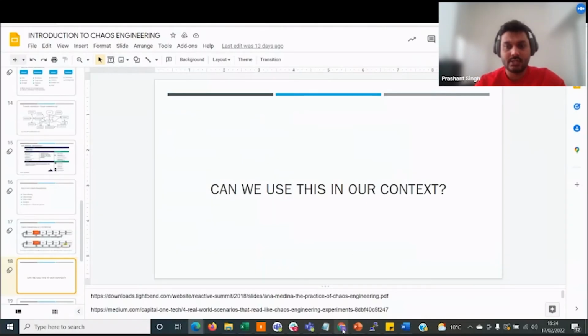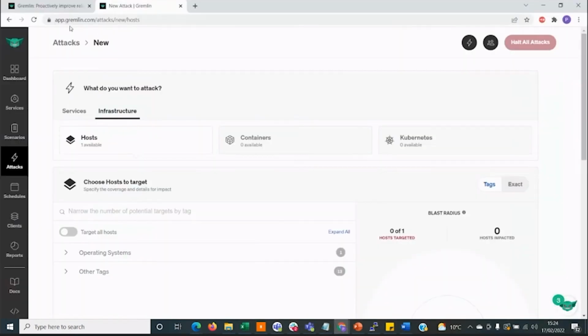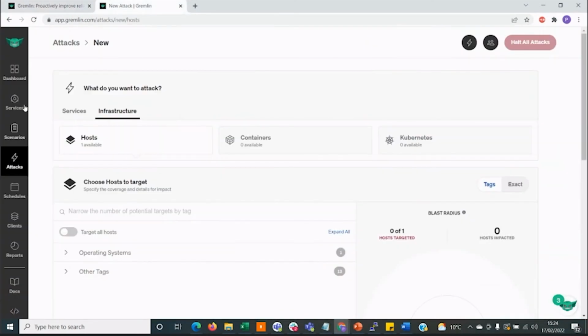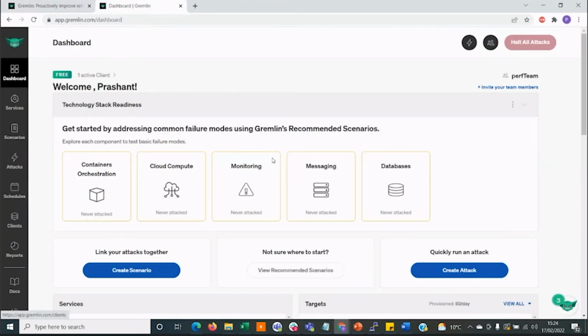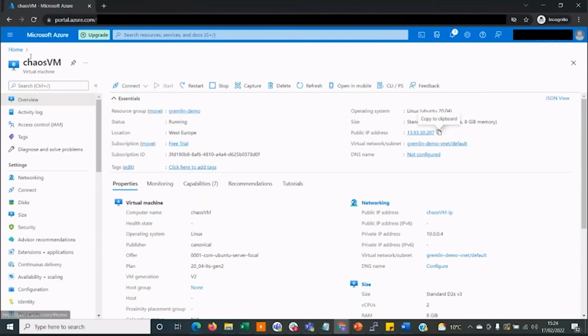Let me show you. This is how the Gremlin tool looks. This is the dashboard. I have one free account, and I created one VM in Azure, which I named Chaos VM. It's not fancy, just normal.